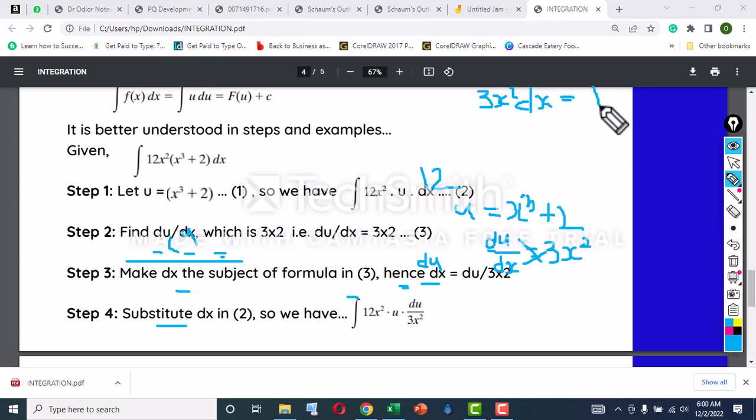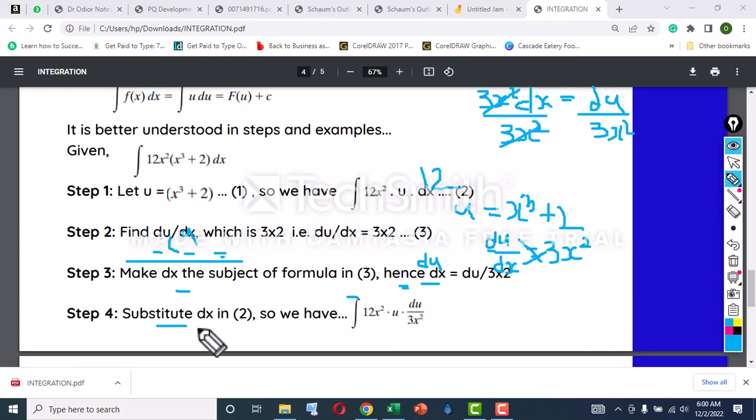Then you now divide both sides by 3x square. We are just trying to make dx the subject of formula here, over 3x square. So this one will cancel this one, so dx is standing alone. So dx is now the subject of formula, so we have du over 3x square.